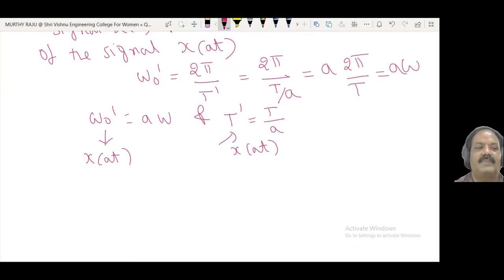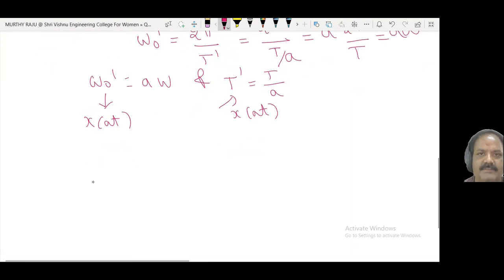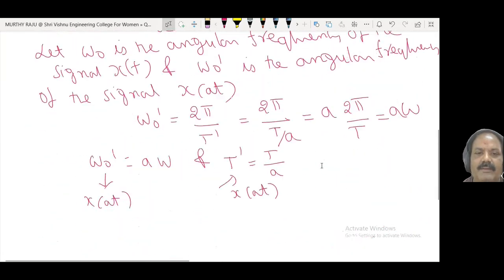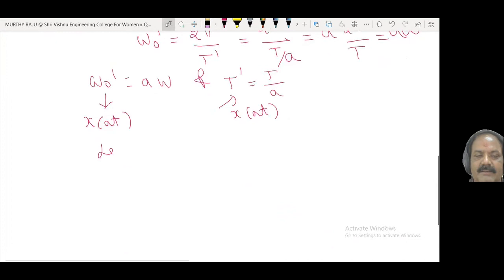Now find out the Fourier series of z. Let z of t be equal to x of at.